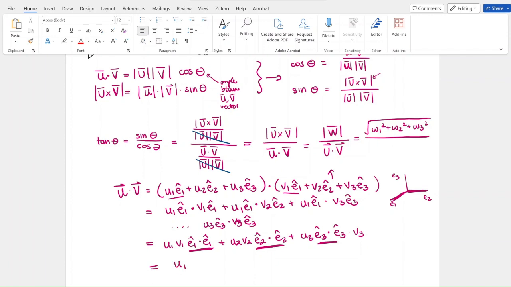Once you know how the dot product works, you can just write that the dot product between u and v is equal to u1 v1 plus u2 v2 plus u3 v3. So that is what is equal to this. And this is our expression for tangent of theta.